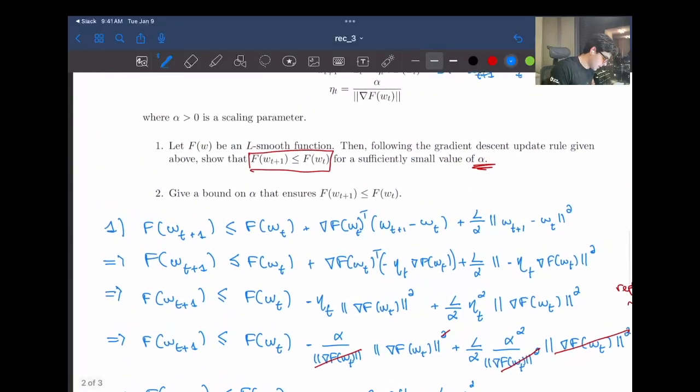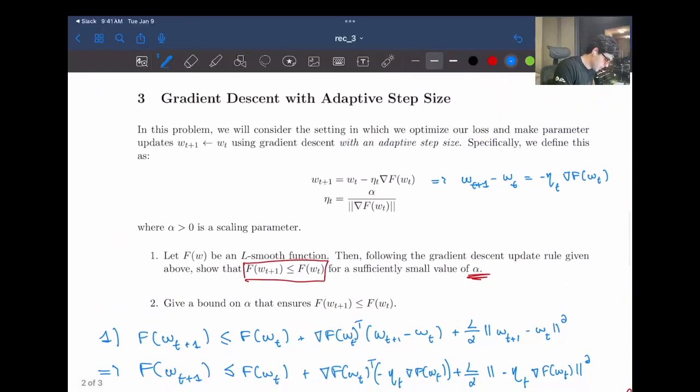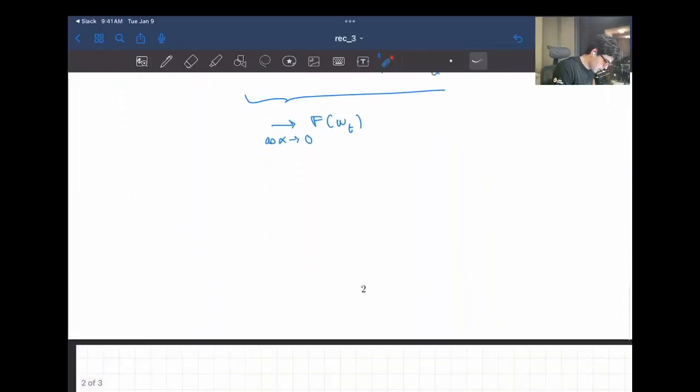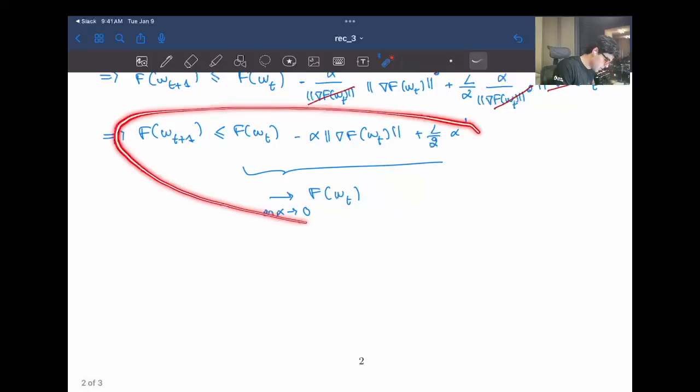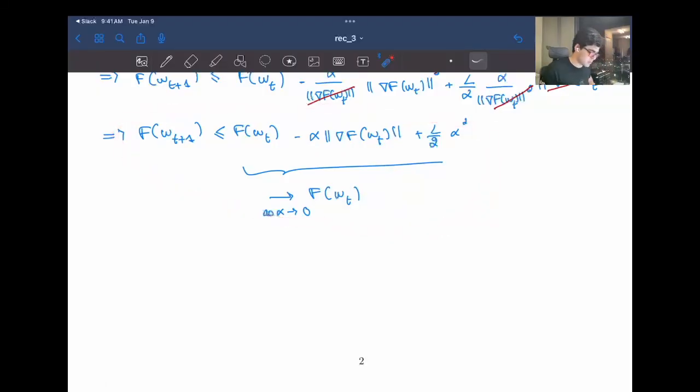Note that alpha is always bigger than 0. And so if this converges to f of w_t, then for a small enough alpha, this holds. And that's the proof.